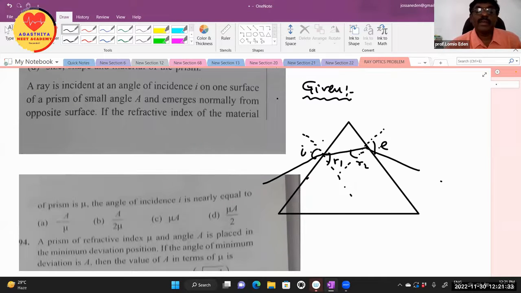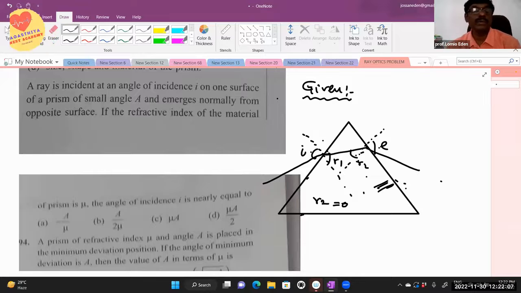The refracted ray emerges normally from the opposite surface. This is the opposite surface. Emerged normally means for this angle, R2 is equal to 0.